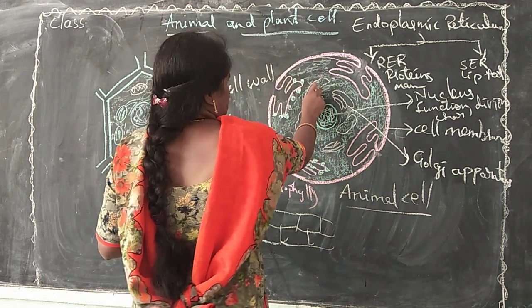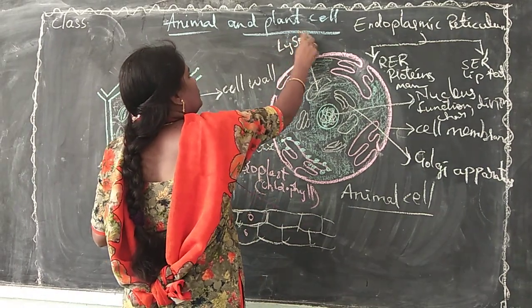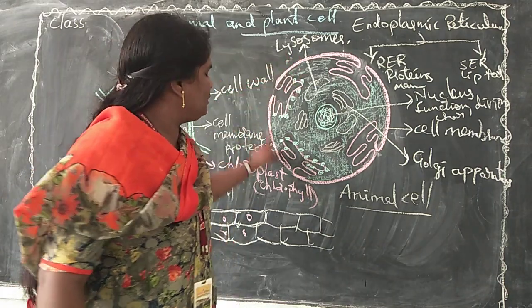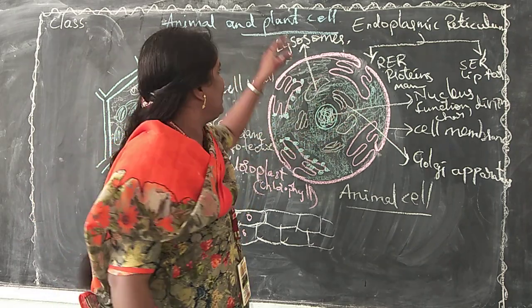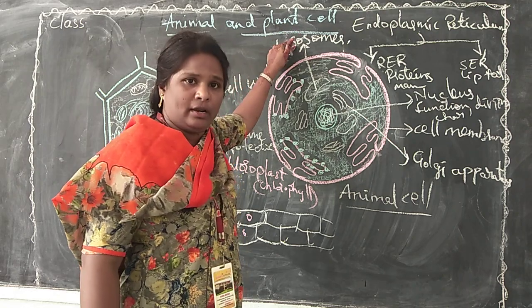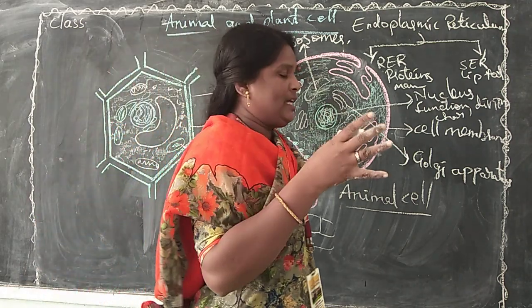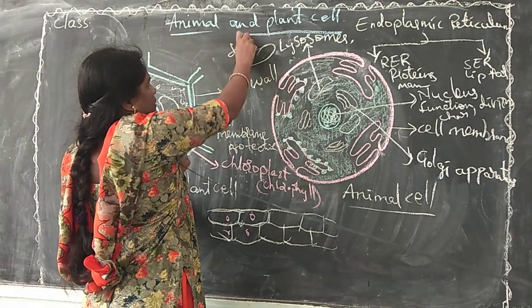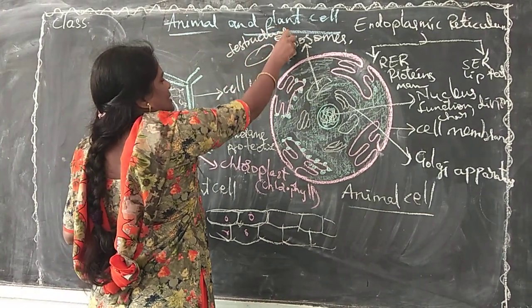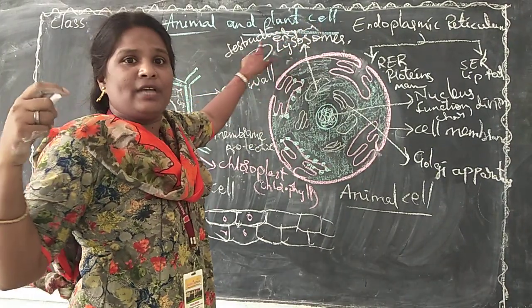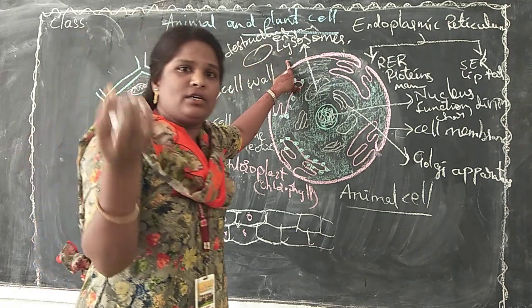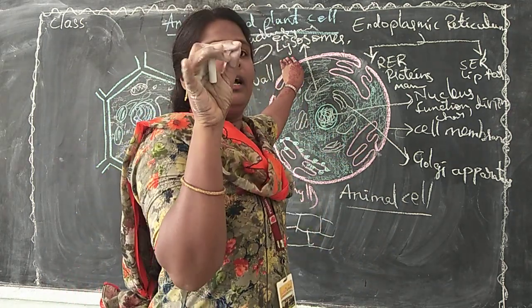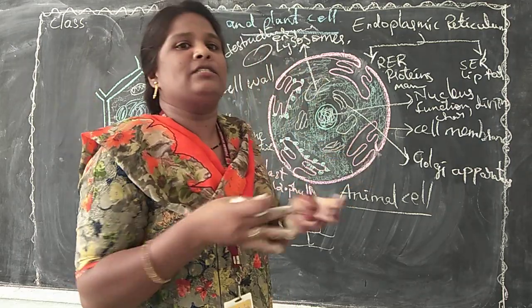If any waste materials are present, those are sent to the lysosomes. These are another type of cell organelle. Lysosomes have special enzymes. If waste materials are sent to the lysosomes, they release destructive enzymes and burst, meaning the lysosomes also burst.